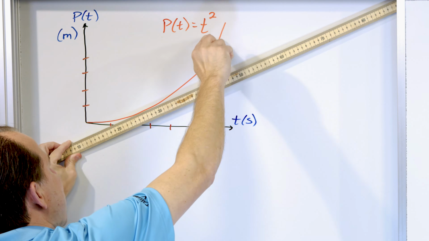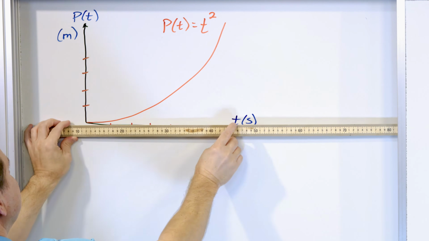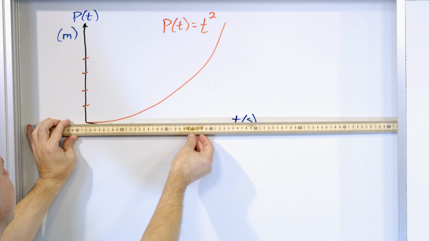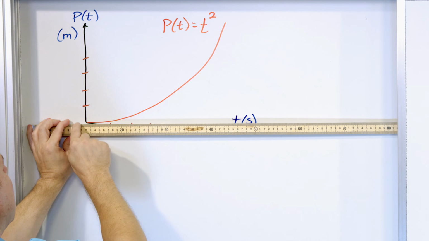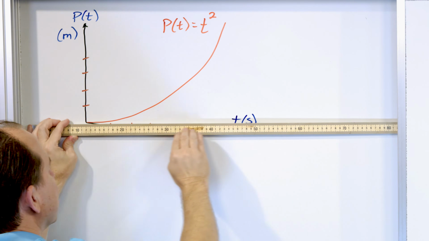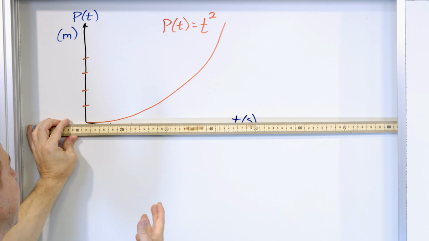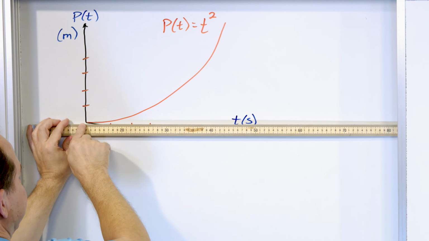Now I have a lumpy freehand curve, so it's not perfect, but you get the idea. If I want to know the slope of the curve here, or the derivative, the rate of change, I draw a line tangent to the curve down here, and you can see that this ruler is almost exactly flat here, so the derivative, the rate of change, is very close to 0, or is exactly equal to 0 down here.